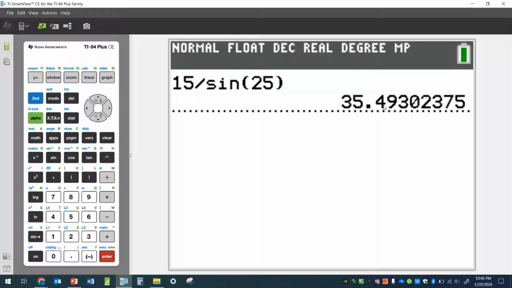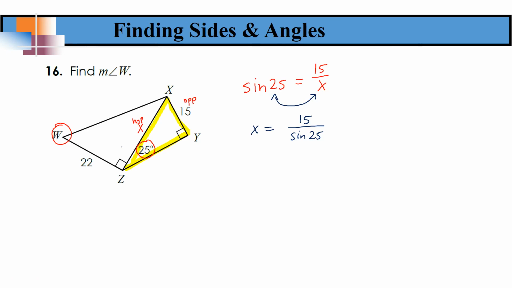We'll write that down on our paper, but we'll make sure to keep this exact value in our calculator for our other calculations. So again, to make sure I remember that this is an approximation, I'm going to write approximately 35.5 right here. And now let's turn our attention to angle W. So in relation to angle W, 22 is the adjacent leg, and the 35.5 right here would be the opposite leg.